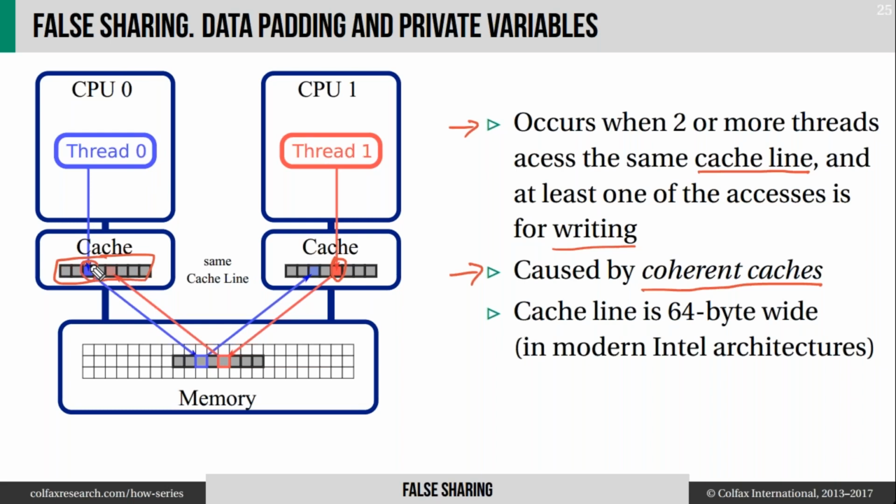It will mark it as dirty when this thread goes in and modifies a value. And then these modifications will have to be synchronized with all other cores. And while the synchronization occurs, thread 1 will have to wait. So this is implicit synchronization. And it doesn't cause incorrect results, it only makes your application slower.